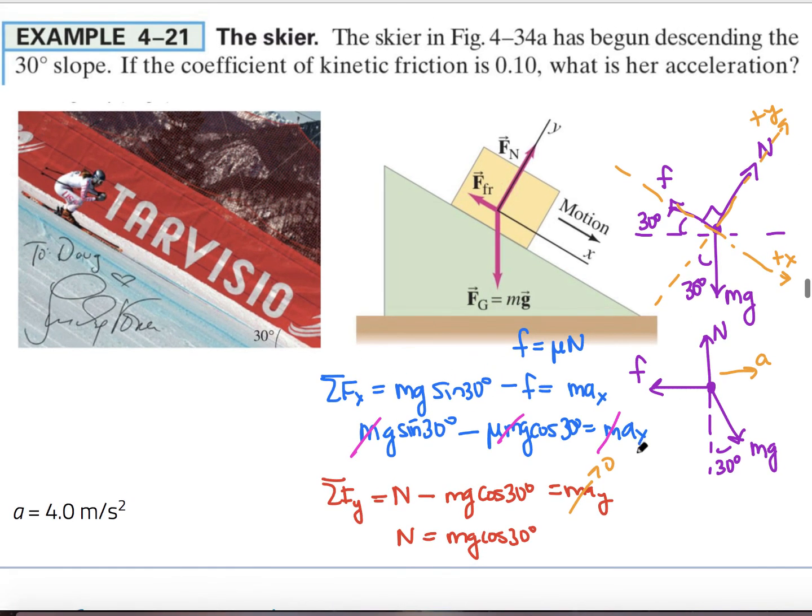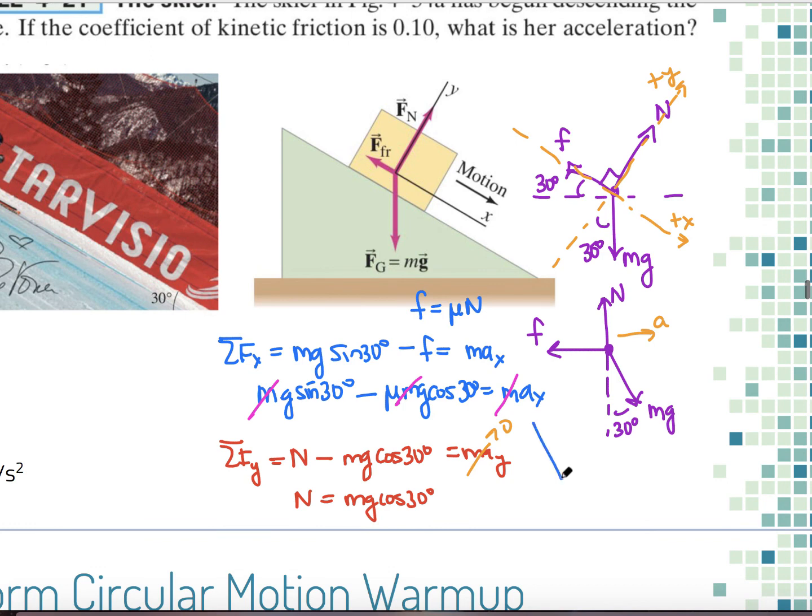So what does that leave us? Well, let me go over here. So now I have g sine of 30 degrees minus mu g cosine of 30 degrees is equal to a. So I plug this into my calculator using g as either 9.8 or 10, and I find my acceleration is 4.0, and I'm actually going to write this out just a little bit.